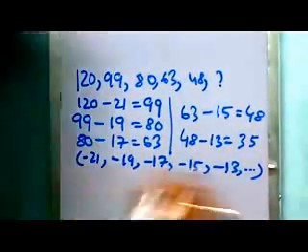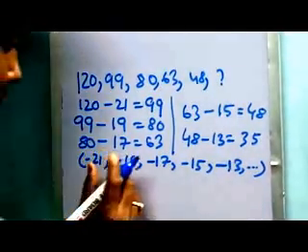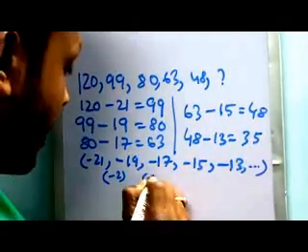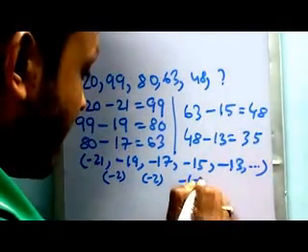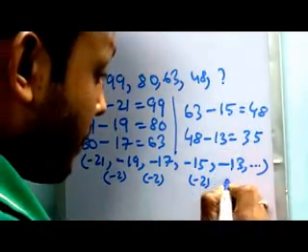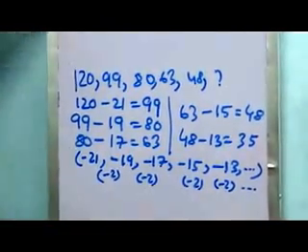Obviously, in every case, the order of decrement or the value of decrement is minus 2. So, and so on. Hope you have got this logic correctly, okay?